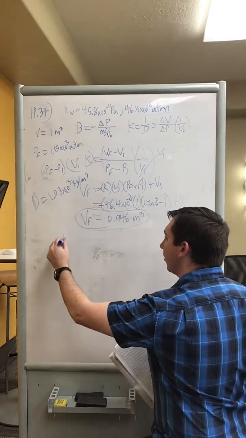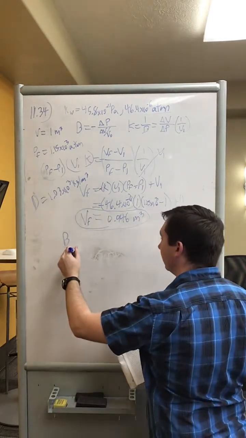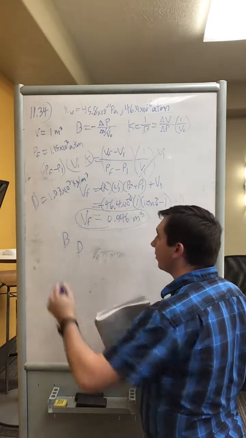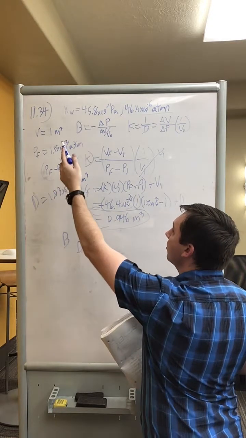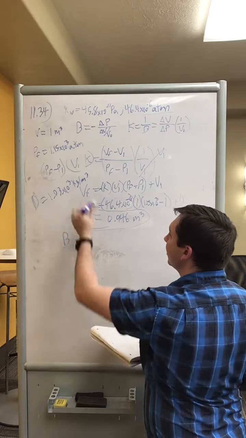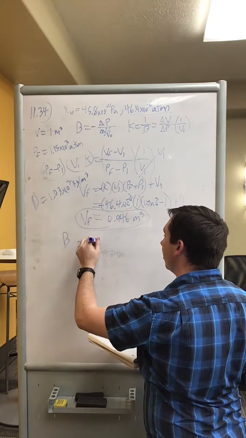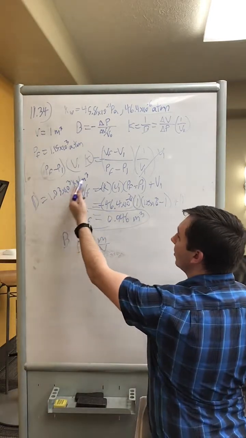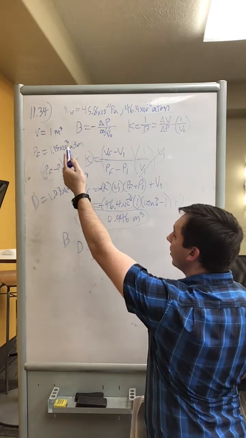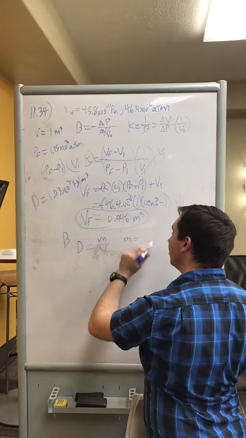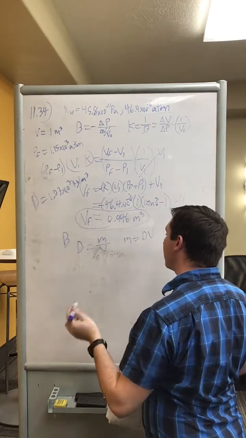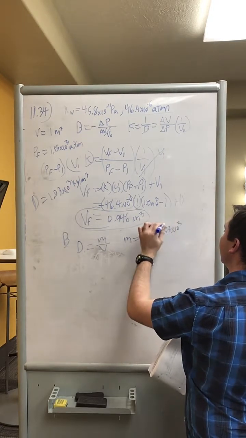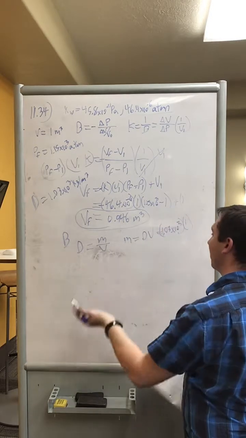So for part B, we're trying to find the density. But in order to know the density, we need to know the mass, because density is equal to the mass divided by the volume. At sea level, we know the density of salt water, and we also know our volume. So our mass is going to be equal to the density times the volume, which is 1.03 times 10 to the 3rd times 1, which is really nice.